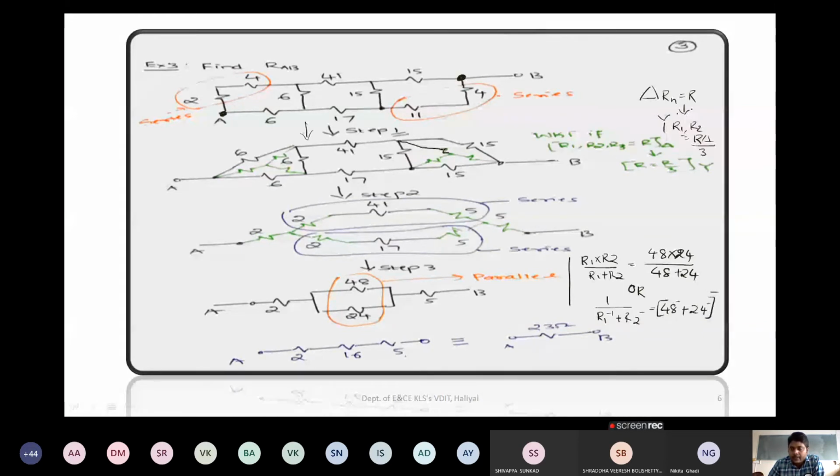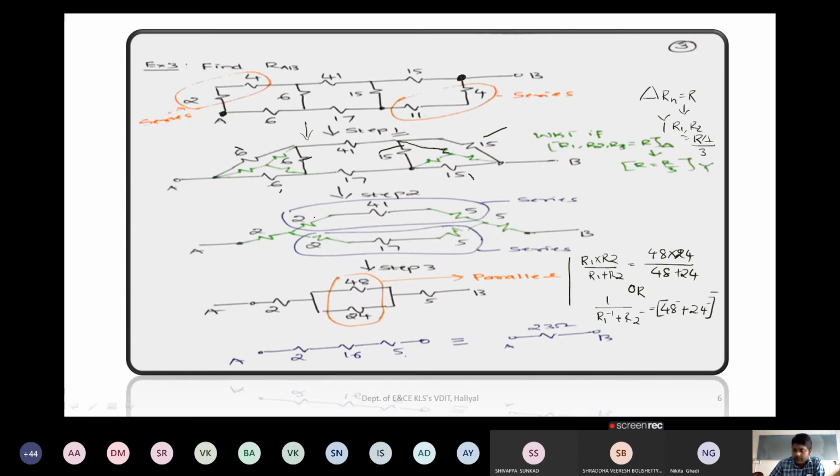And in the derivation we have seen that in a given delta network, if all resistors have the same value, then the equivalent star value will be R divided by 3.